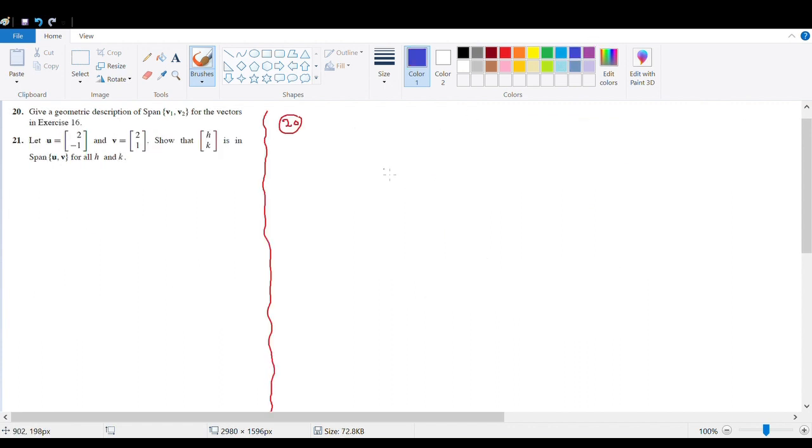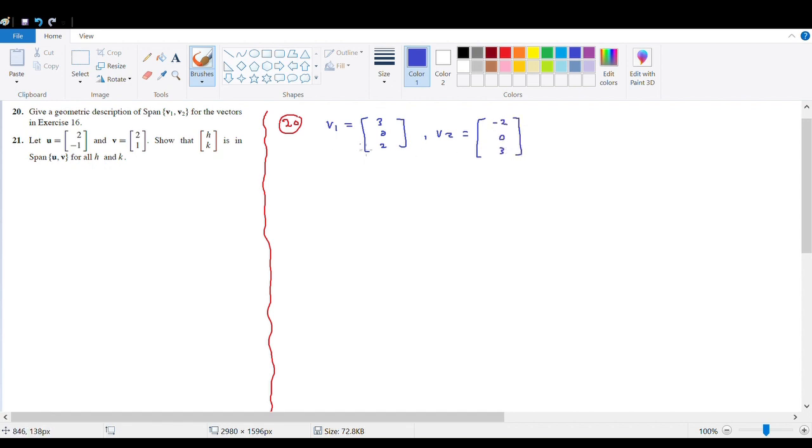Give a geometric description of span V1, V2 for the vectors in exercise 16. The vectors in exercise 16 were V1 equal to 3, 0, 2, and V2 equal to minus 2, 0, 3.